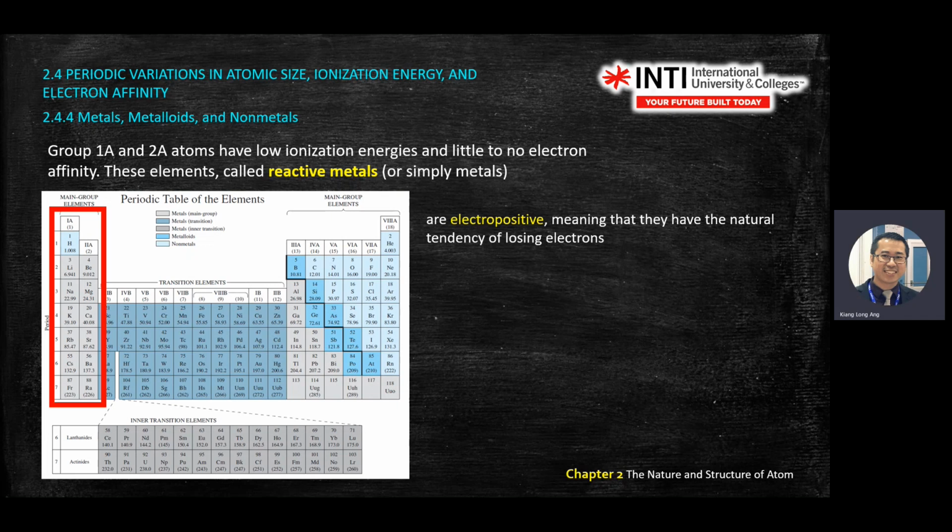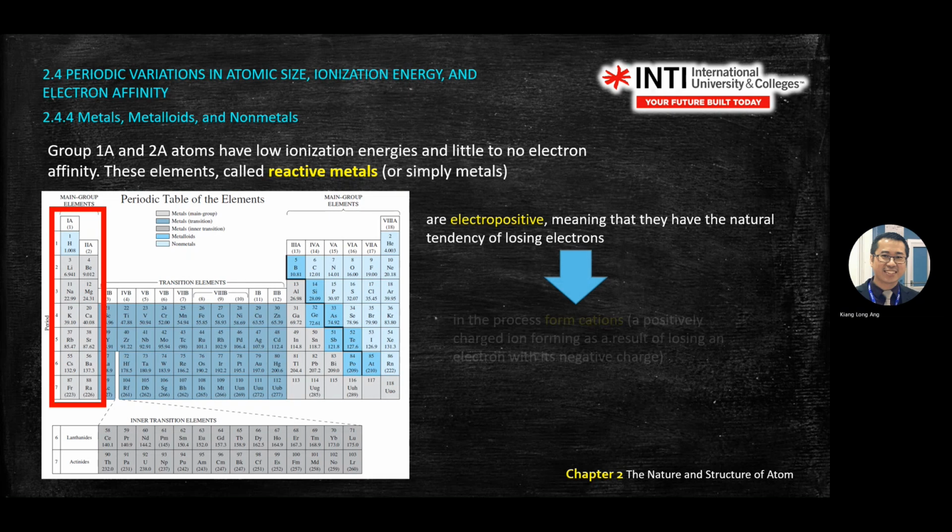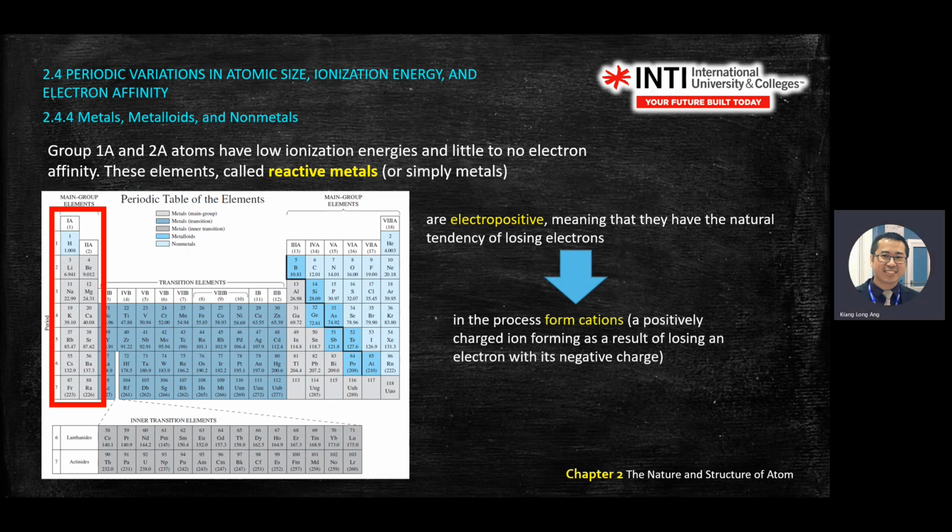However, when it comes to your test 1 or final exam, if you forget the word electropositive, you can write that this element tends to release electrons, and I will also give you the marks. If you forget the keyword, you can describe the behavior. So you form cations.